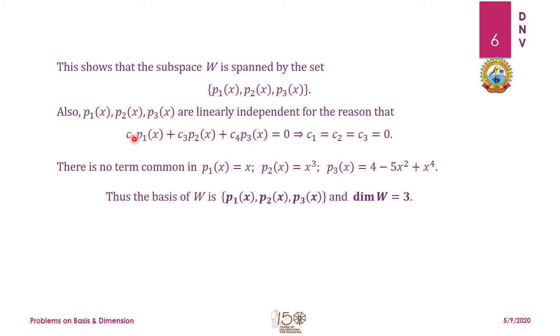So this is the condition for the members p1, p2 and p3 to be linearly independent. So there is no term common in these, and hence we can say that W is spanned by this set and it is the basis for it, and the number of elements in it is 3, and hence it is the dimension. So the dimension of W is 3.